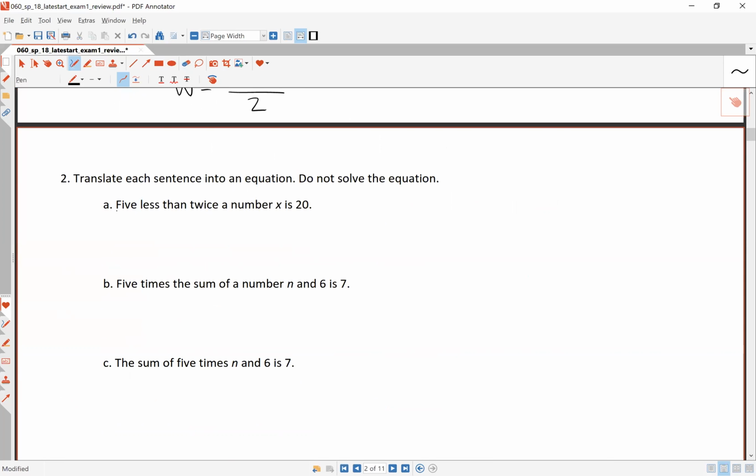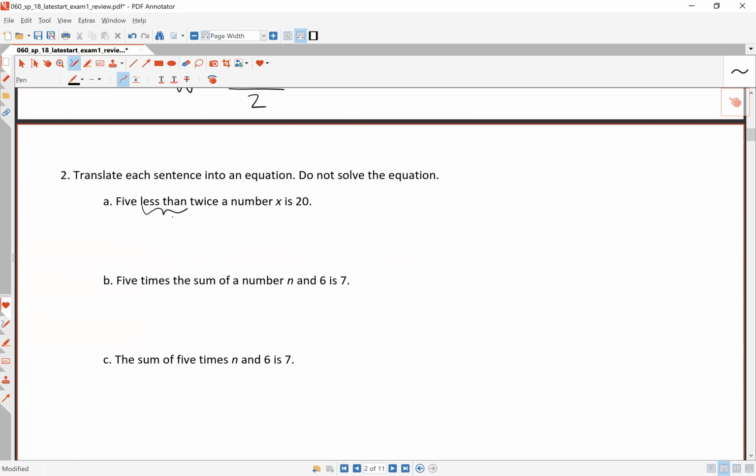Translating, when we see 5 less than something, that is taking 5 away from twice a number. That's 5 less than twice a number, and that is 20. 5 times the sum means take the sum first, which is a number n and 6, and we take 5 times that, and that's 7.